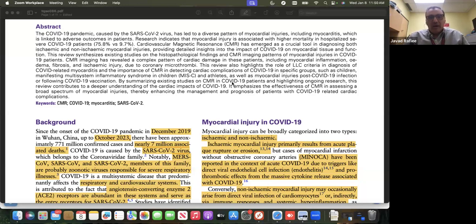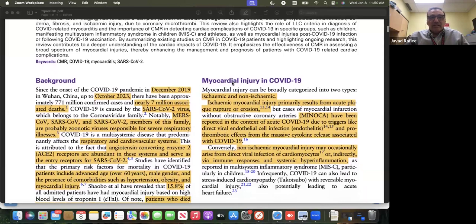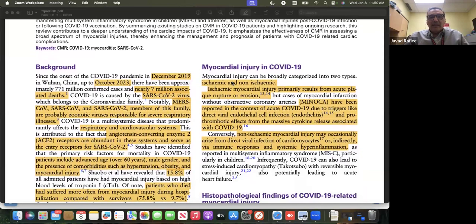It's not just the numbers, but how bad that was. This virus belongs to the coronavirus family. It's a zoonotic virus, and mainly affects the respiratory and cardiovascular systems because there is an abundance of ACE2 receptors in these organs.